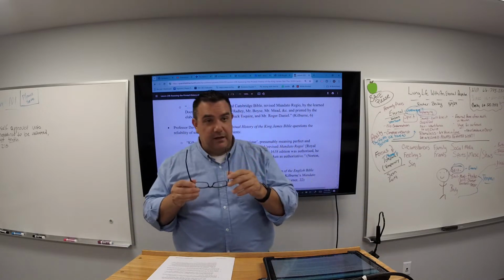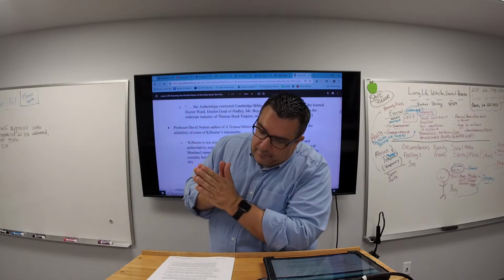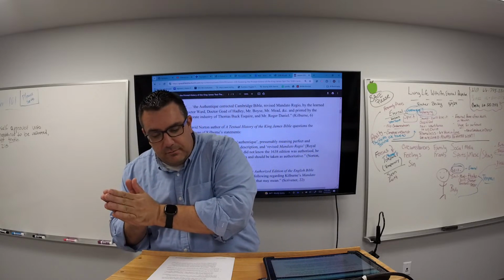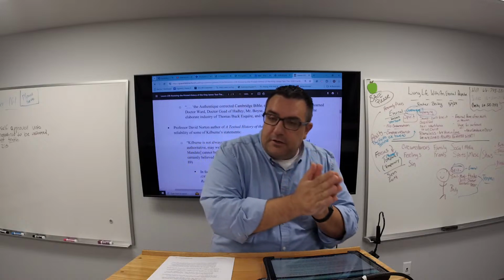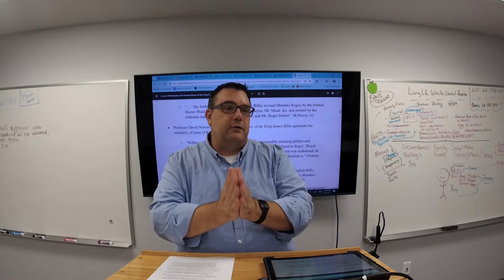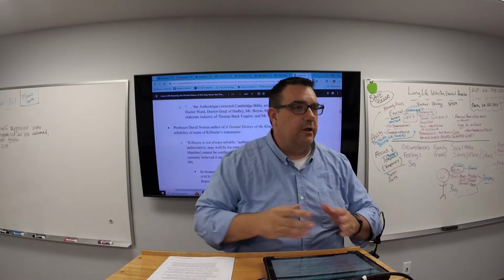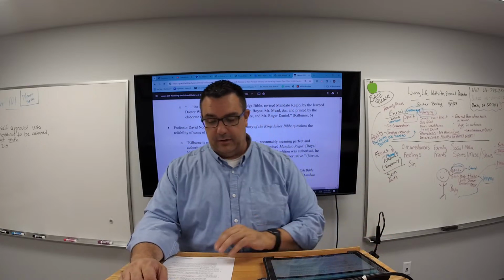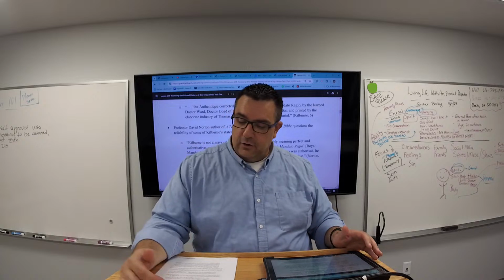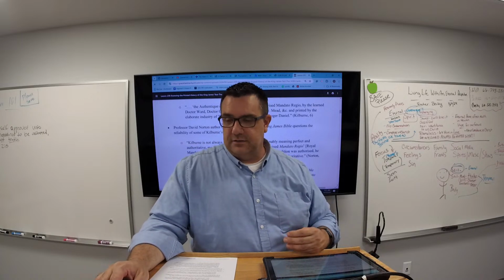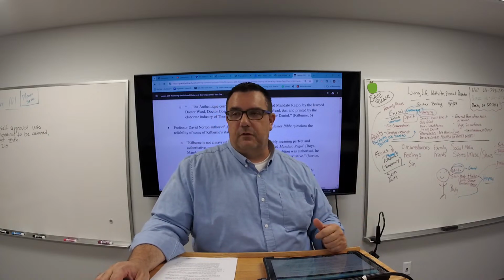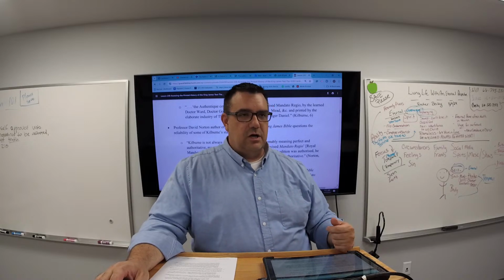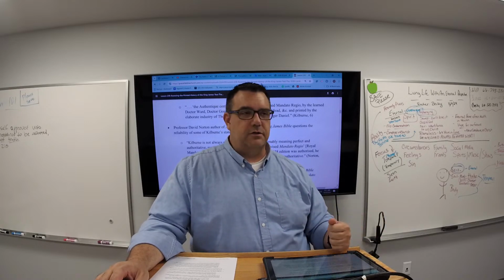What Kilburn is saying is that the Bible that was printed by Cambridge was revised by the learned Dr. Ward. Dr. Ward is talking about Samuel Ward. He was one of the original translators on the King James Bible. Dr. Goad of Headley and Mr. Boyce. Mr. Boyce is referring to John Boyce. John Boyce was also one of the original translators.